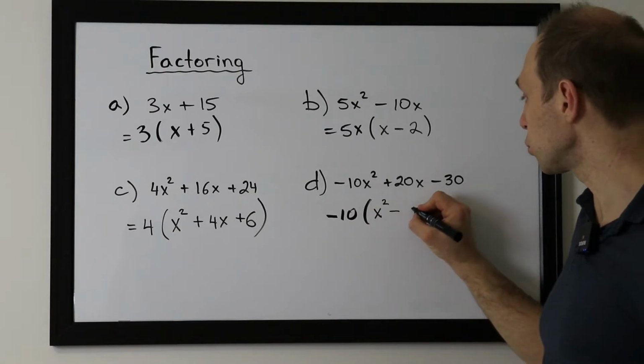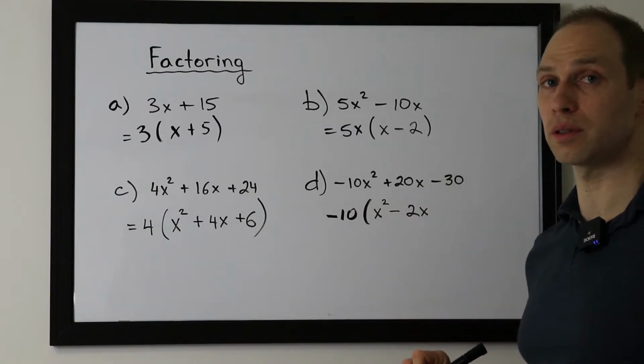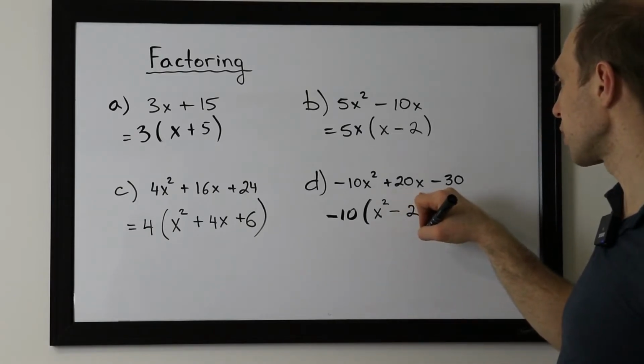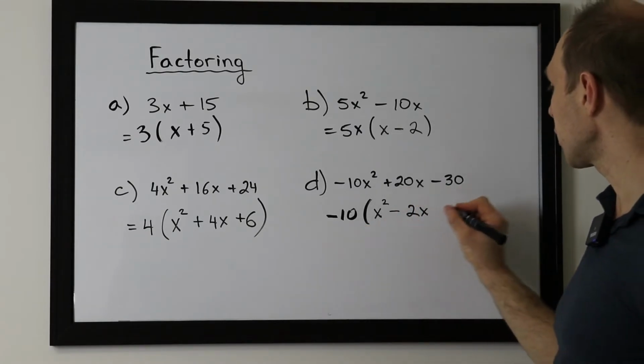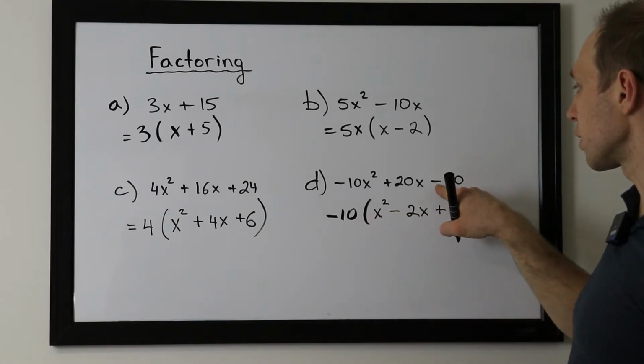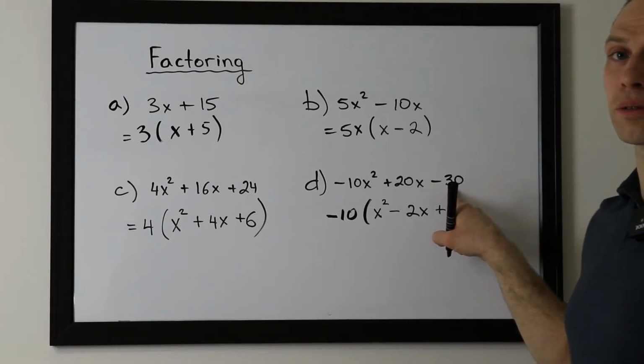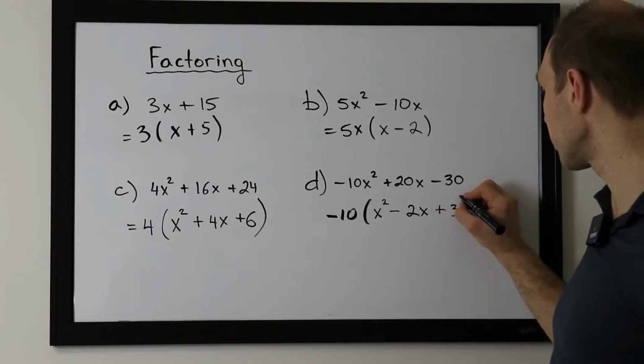Negative 10 times 2, in this case there's an x present, so we're going to leave an x with it, gives us positive 20x. And negative 10 times a positive, so negative times positive gives us negative. And it's a 3 to give us the answer of 30.